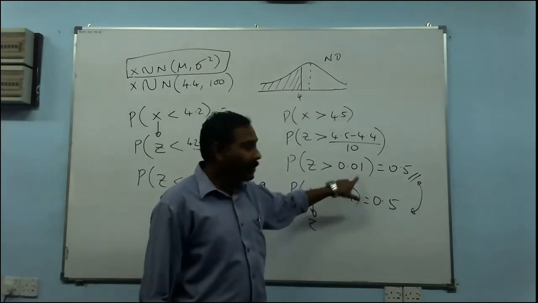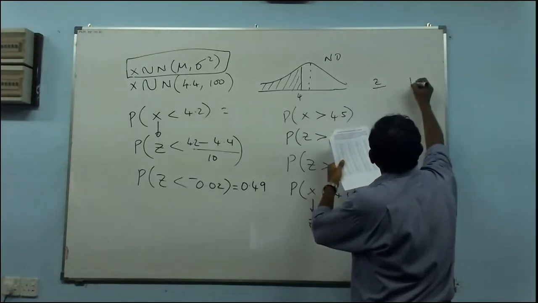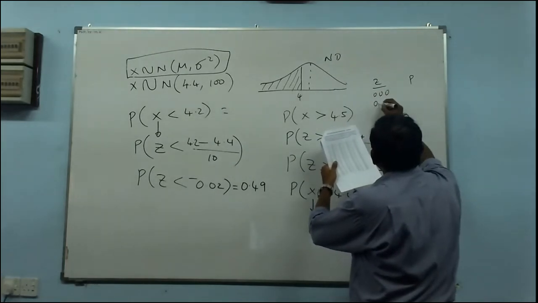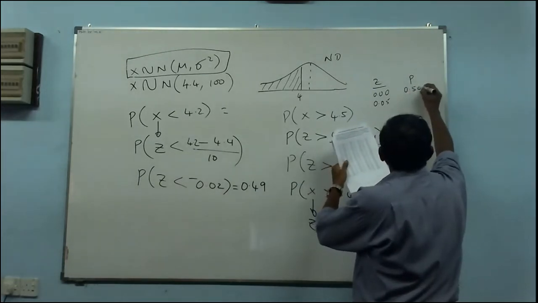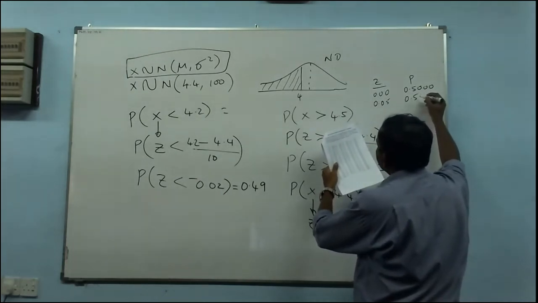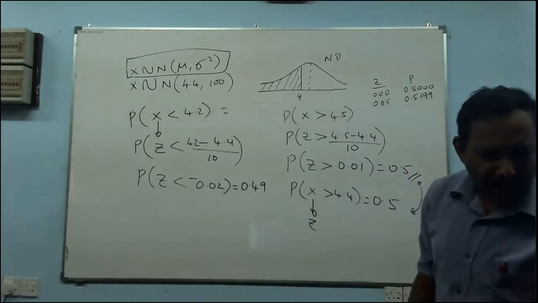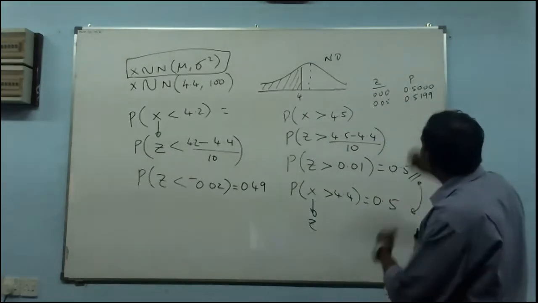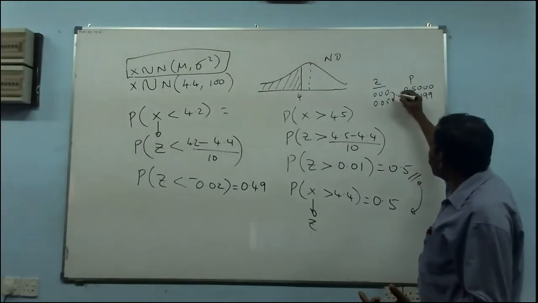So what we can do is look at the Z value and P value. Z value is 0.05. What is the value here? Right. What can we do here? Simple calculation. How many minor units are here? How many change?